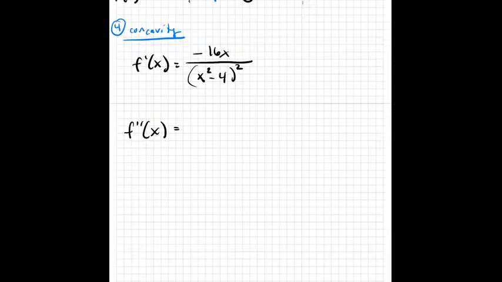So the bottom, which is this guy, times the derivative of the top, it's just going to be negative 16, minus the top times the derivative of the bottom. Oh, derivative of the bottom, we got to do 2 times x squared minus 4 times 2x. So we got to get another 2x in there.